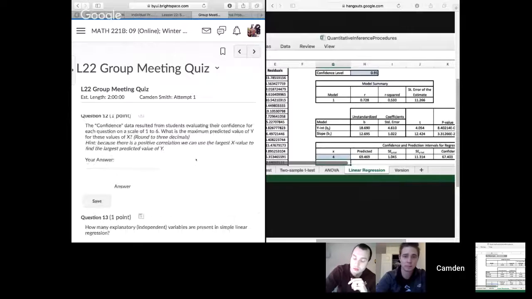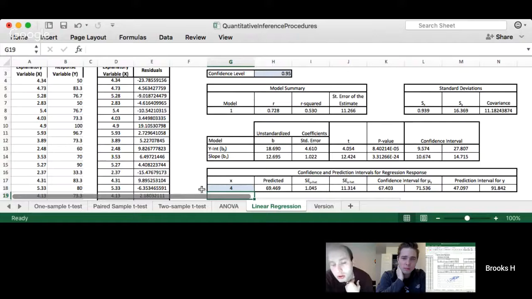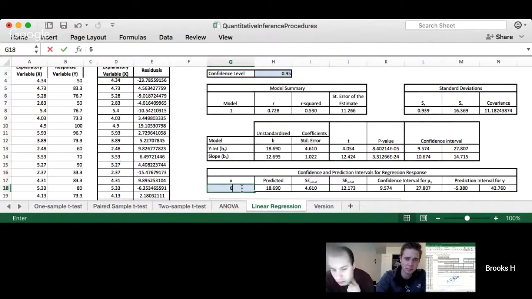Okay, so the confidence data resulted from students evaluating their confidence for each question on a scale of 1 to 6. What is the maximum predicted value of y for these values of x? Hint: because there's a positive correlation, we can use the largest x value to find the largest predicted value of y. So what's the largest x? It wouldn't be 6, would it? Or is it an actual 1?